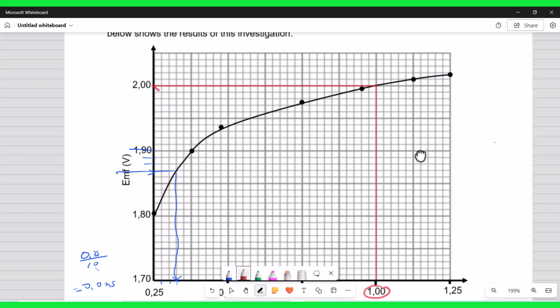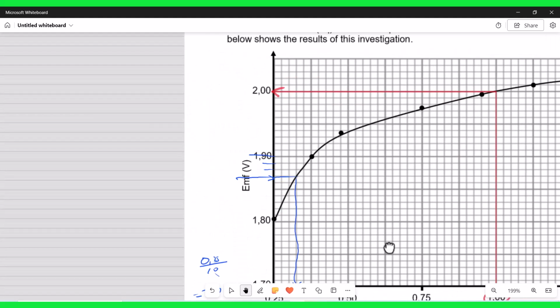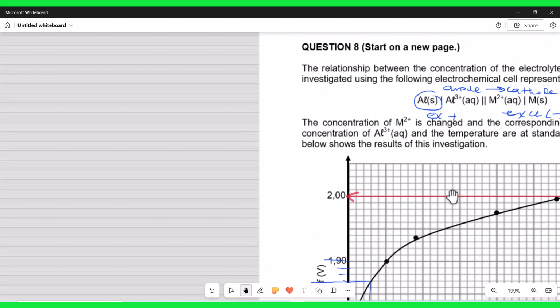Okay, so now using the equation, I'm going to find out which element is M, because I know that E standard for the cell is, in blue color now, E standard for the cathode minus E standard for the anode.